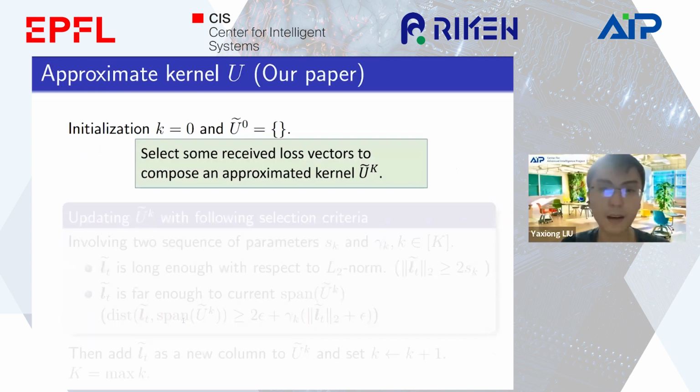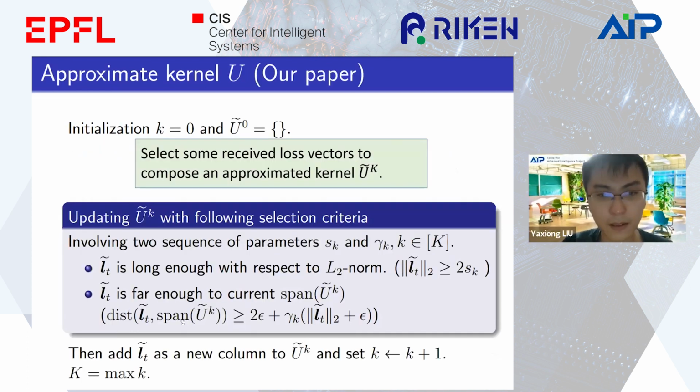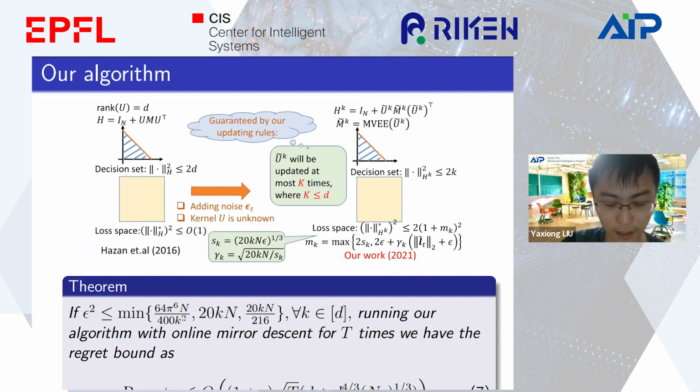About the first question, our algorithm is designed for the case that there is no prior information about the kernel, which means that at the beginning the algorithm does not know the rank of the kernel. So d can be expanded to N, but our algorithm can also perform.